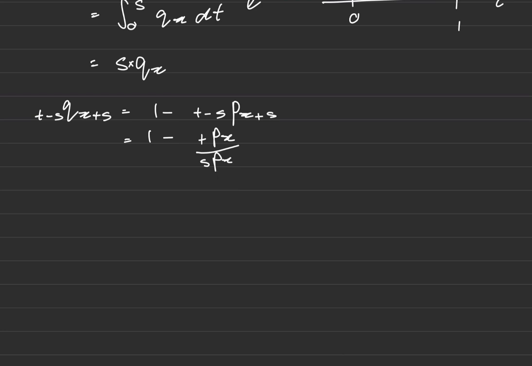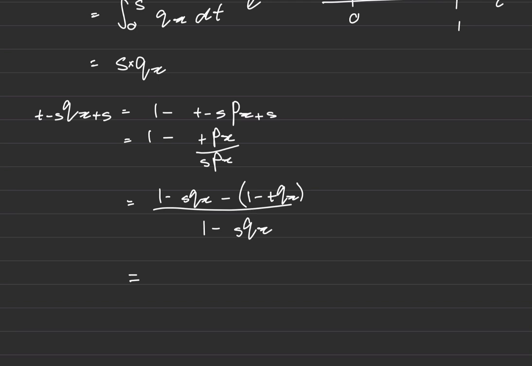Okay, then if I want to further simplify this, I can go having a common denominator, and I'm going to convert this spx into 1 minus sqx, converting it back, and then I would have minus tpx, but I'm going to convert this into 1 minus tqx. Okay, and I'm also going to convert this denominator into 1 minus sqx.